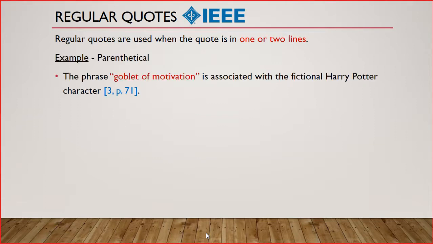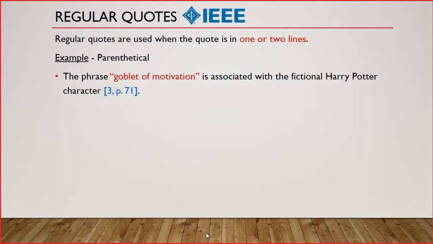For example, now the same one, here we have the phrase, this is parenthetical, but the only difference is that here, we do not use Macpherson 2007. But let's say that in the reference, the citation in the reference at the back end of your text, we refer to this particular article with number 3.